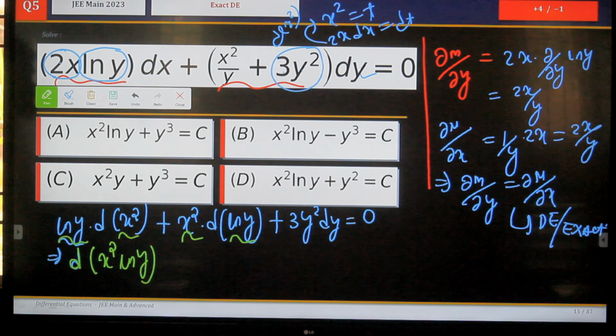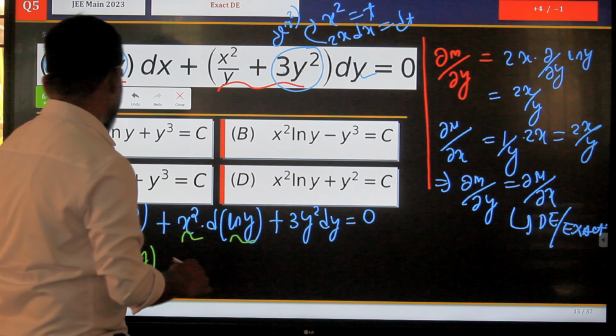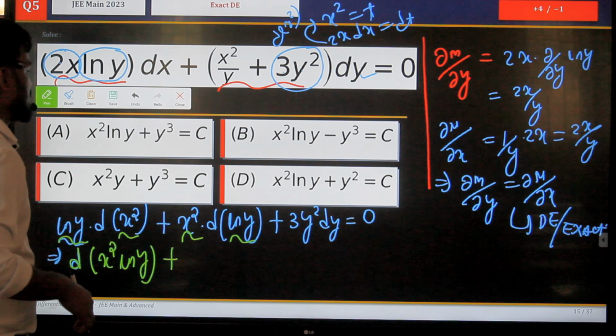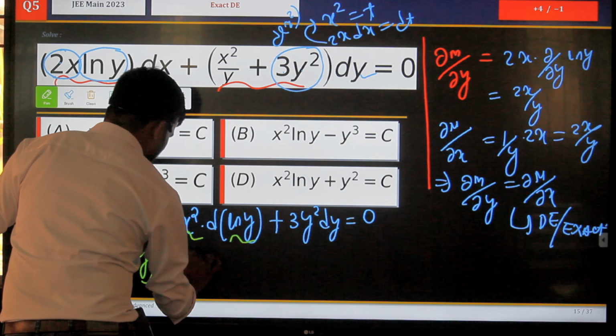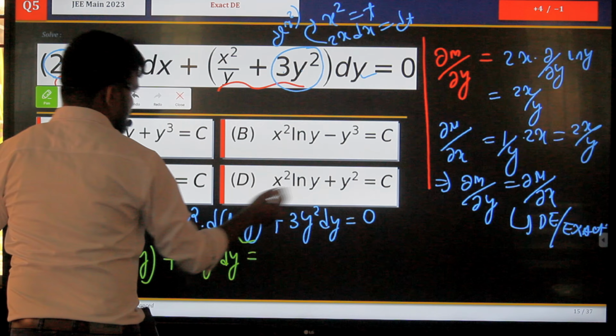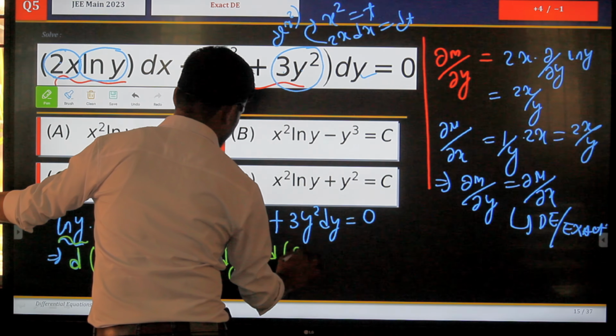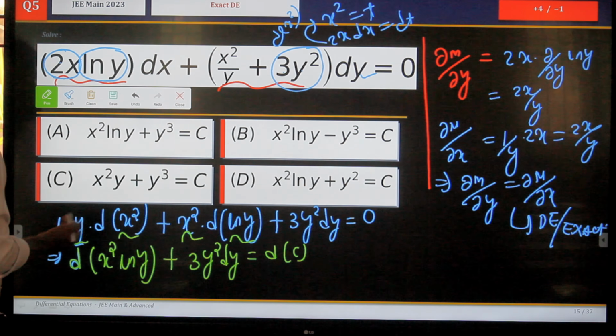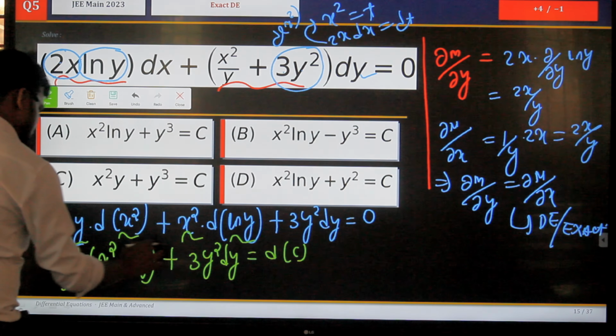This method is called solution by inspection. Plus 3y square dy. Let me keep it as it is. Then 0 I can write as derivative of a constant, right? After that, every term has a derivative. We need what? The exact solution. Integrate both sides.